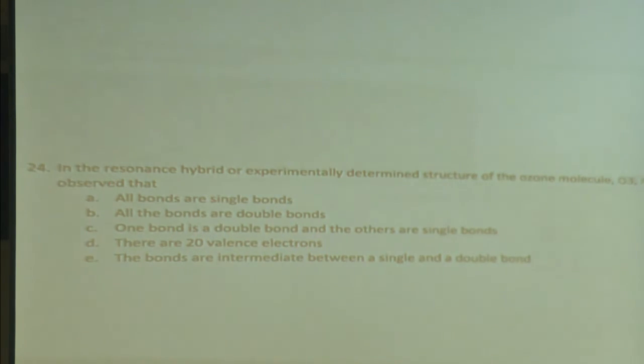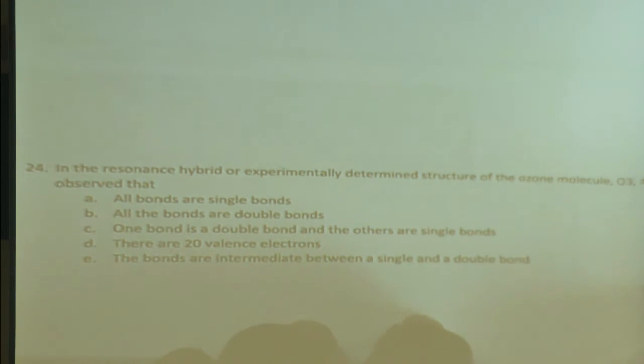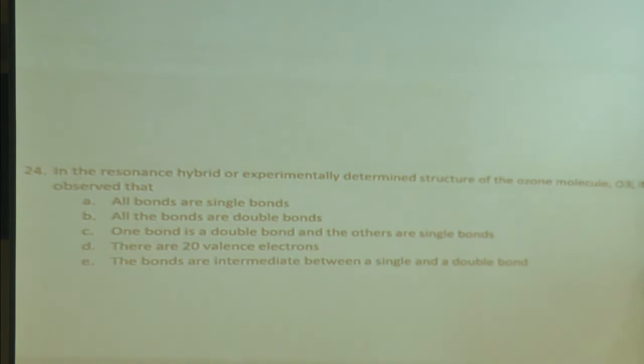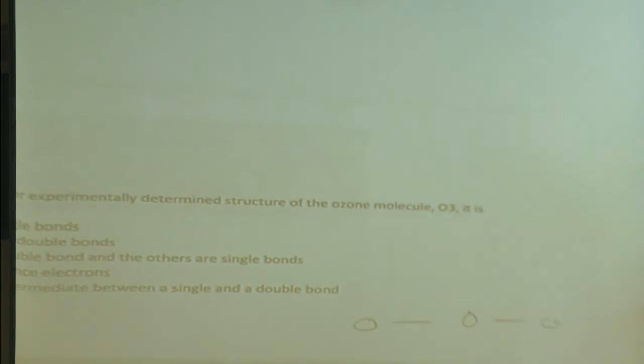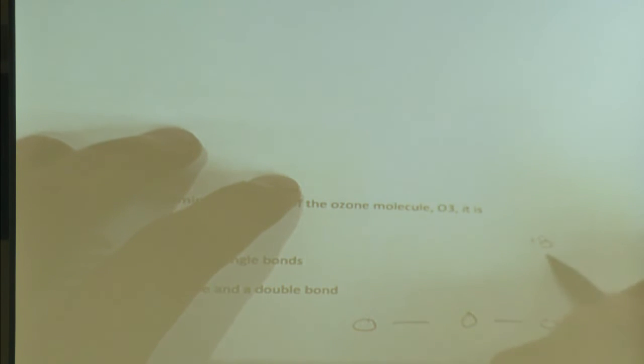In the resonance hybrid or experimentally determined structure of the ozone molecule, O3, what is observed? So if I drew O3, what would it look like? How many valence electrons do we have here? 18. 4 in the bonds, there's 14 left. 12 to fill valence, right?